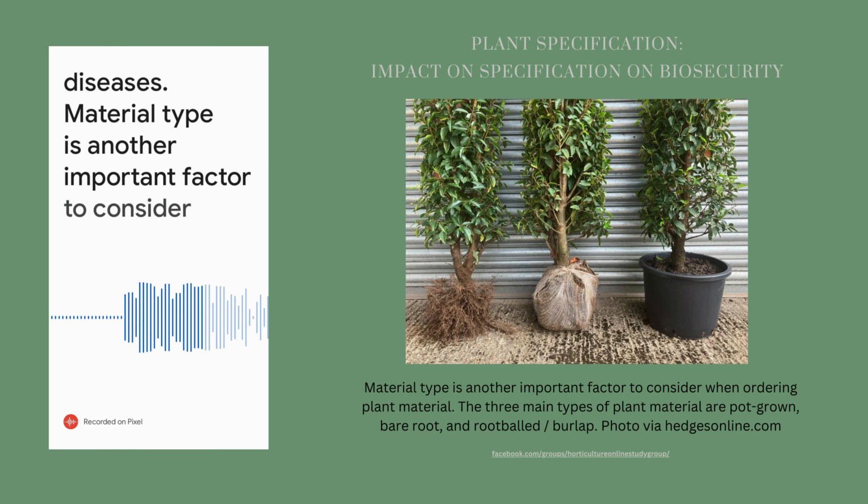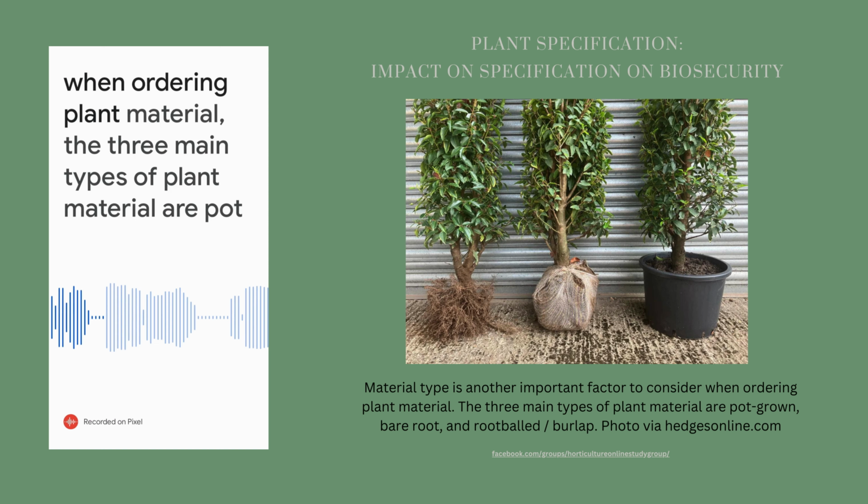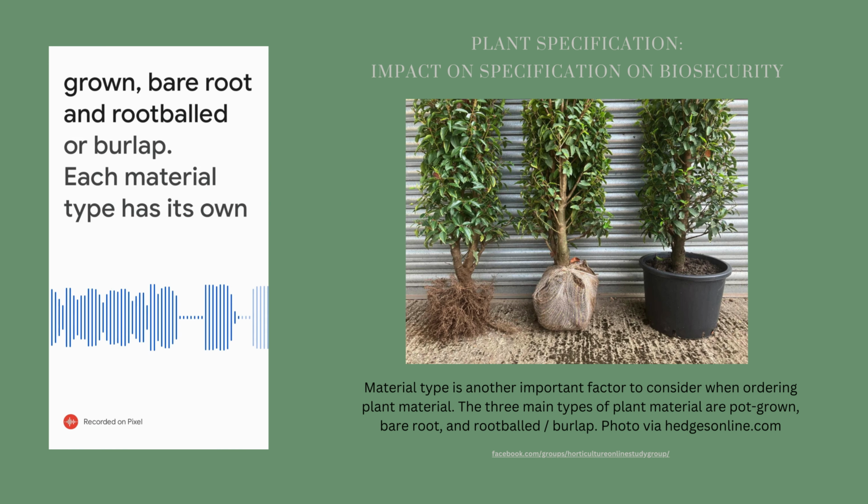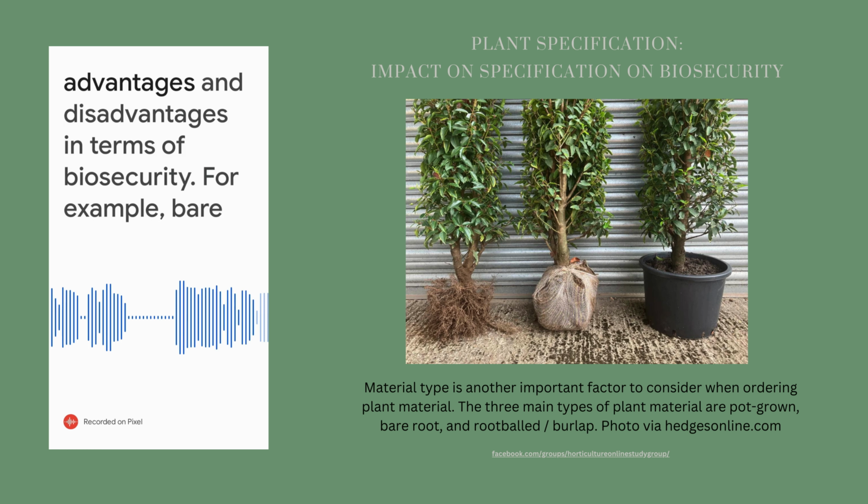Material type is another important factor to consider when ordering plant material. The three main types of plant material are pot-grown, bare root and root bulb or burlap. Each material type has its own advantages and disadvantages in terms of biosecurity.